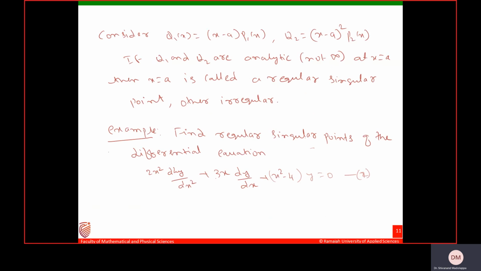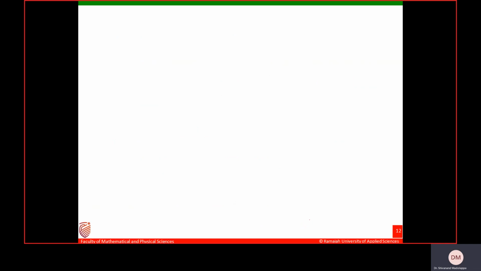So here we will divide equation 1 by 2x square. We will get d2y upon dx square plus 3 by 2x dy by dx plus x square minus 4 divided by 2x square y equal to 0.